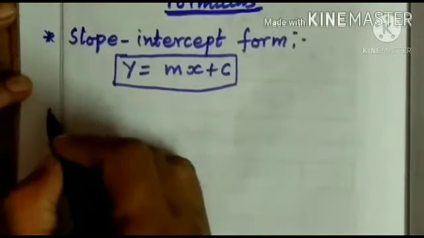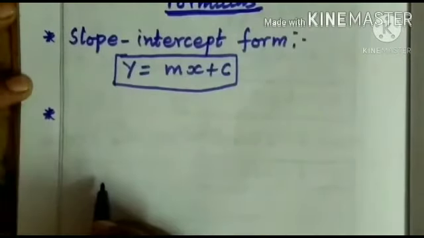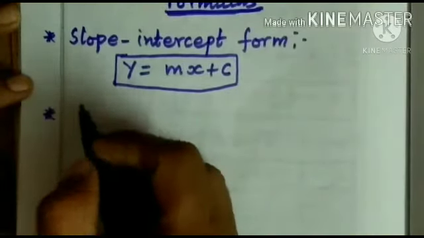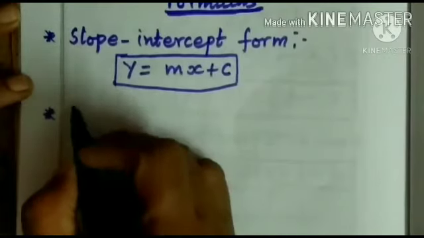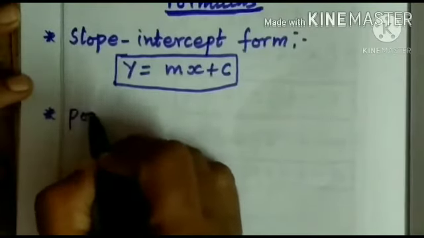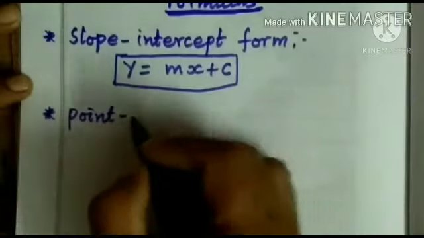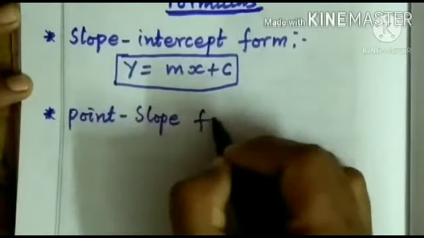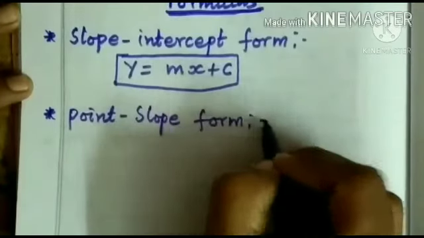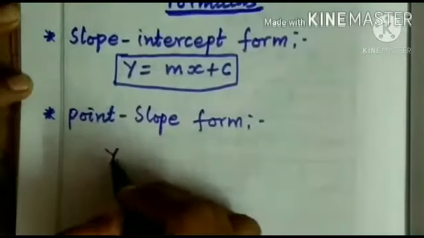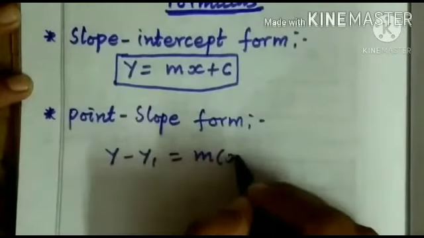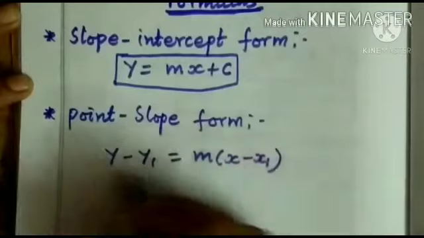Next formula, if a straight line passes through the point x1, y1 with slope m, then the equation of the straight line by point slope form is y minus y1 is equal to m into x minus x1.